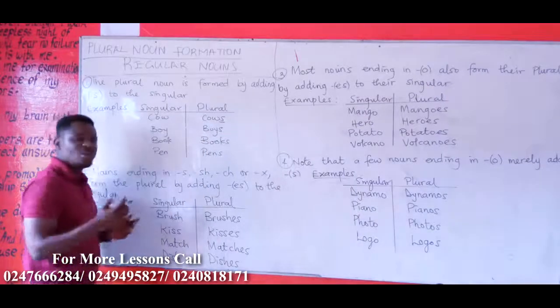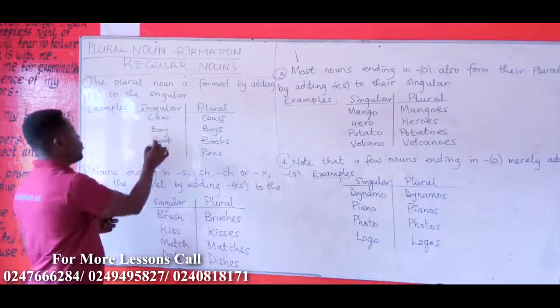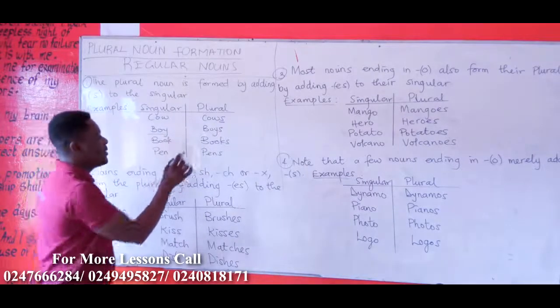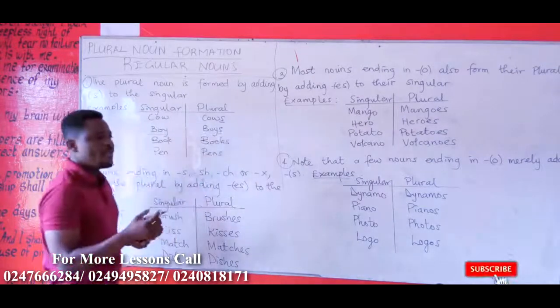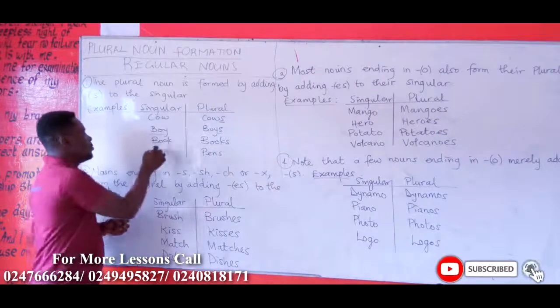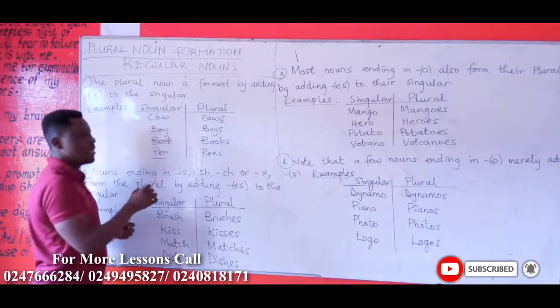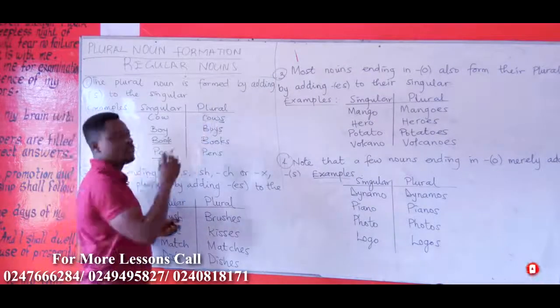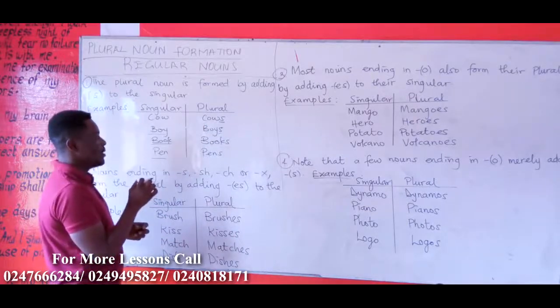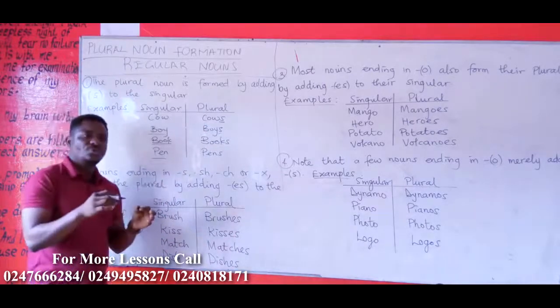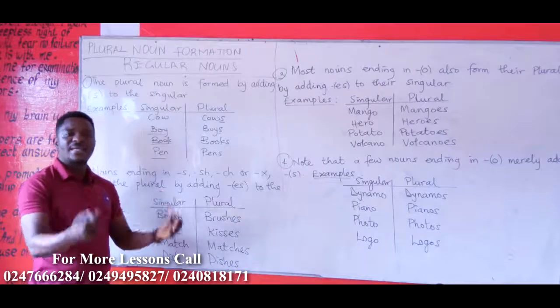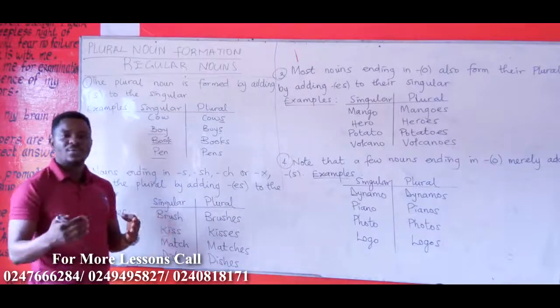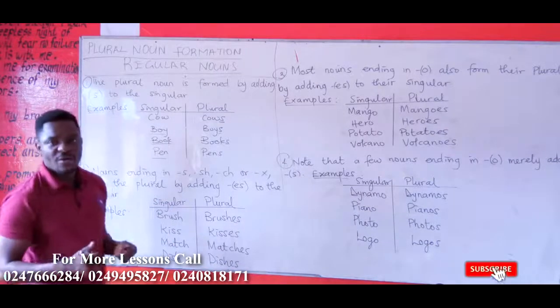To form the plural of the noun boy, I will add just S to it. By adding S to all these nouns, I am going to get their plural form, as you can see. So that's the normal thing. Regular nouns, just add S to the singular noun, and you get their plural form.